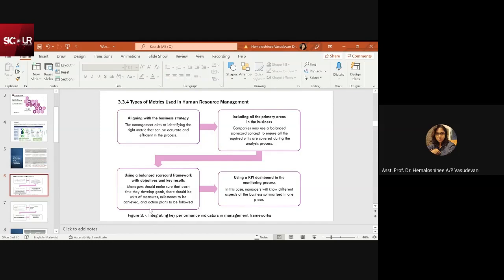After that, they will see the primary areas in the business. Then they look at the balanced scorecard framework, and at the end they go for the KPI dashboard in the monitoring process. First of all, they will look into the processes and operations. Once they look at the processes and operations, and everything is done accordingly, the last point will go for the KPI.